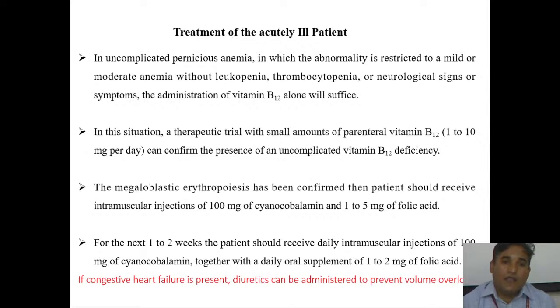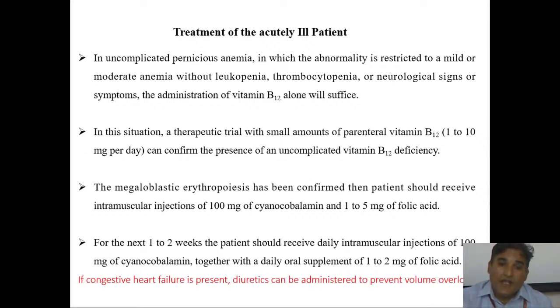When megaloblastic erythropoiesis is confirmed, the patient should receive an intramuscular injection of 100 mg of cyanocobalamin, that is the synthetic form of vitamin B12, with 1 to 5 mg of folic acid according to condition for the next 1 to 2 weeks.